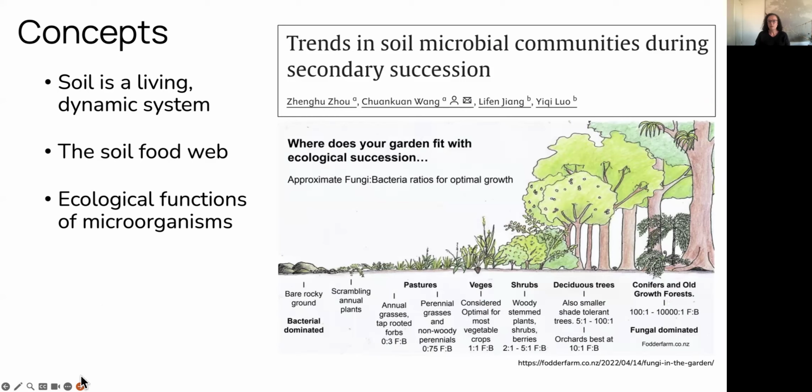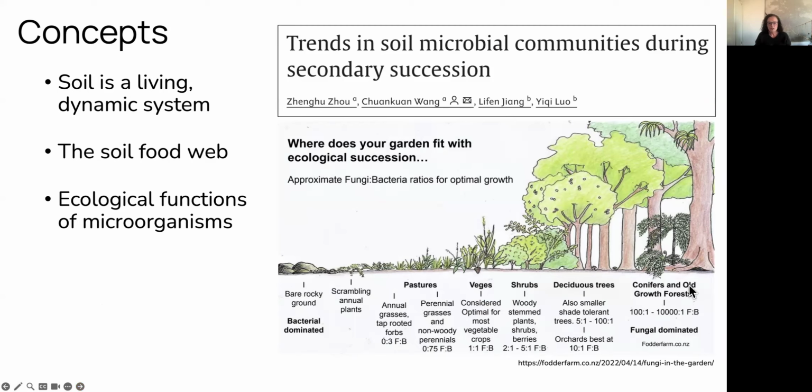So, concepts I want you to have in your mind when you are doing microscopy. Soil is a living and dynamic system, right? Microbes don't exist in isolation. They function within a larger ecosystem.